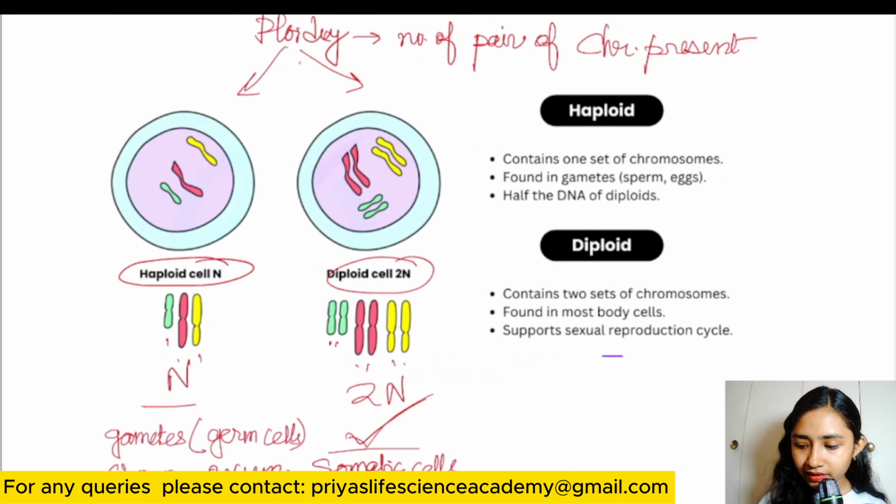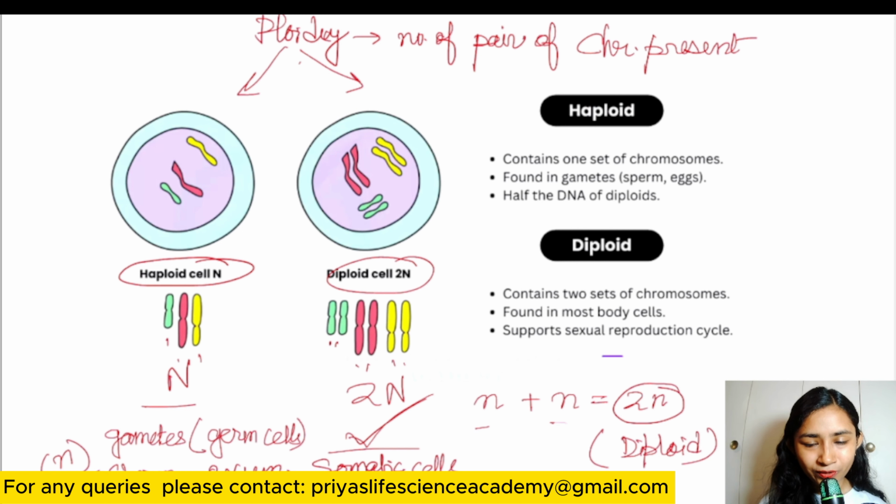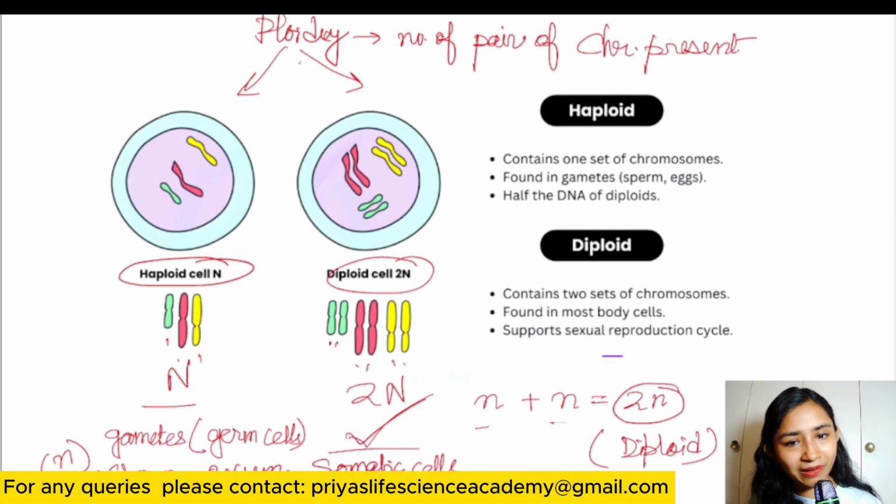They are N, that is, they are haploid. That is why haploid sperm and haploid ovum, when they meet, they produce a 2N diploid organism.